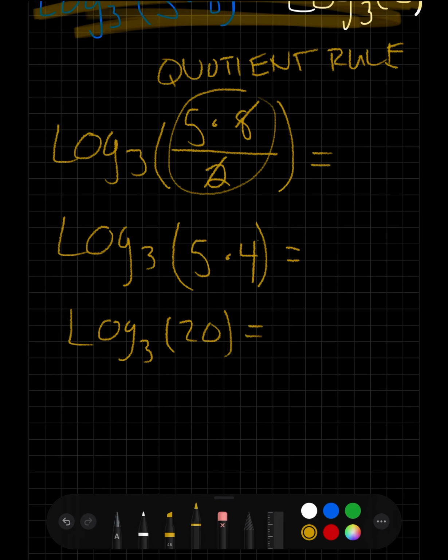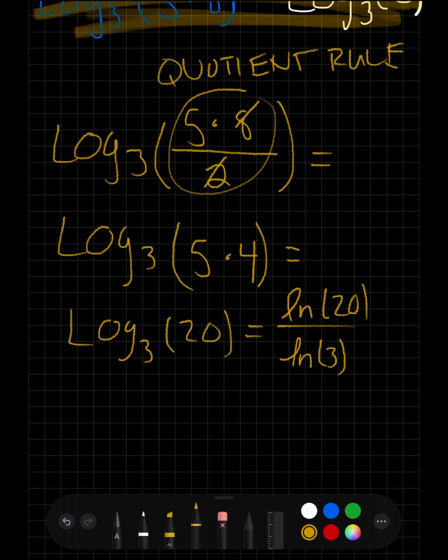Which now you could go ahead and enter into your calculator if you like. You might want to use your change of base formula, which would say ln of 20 divided by ln of 3. And then you could find a final answer.